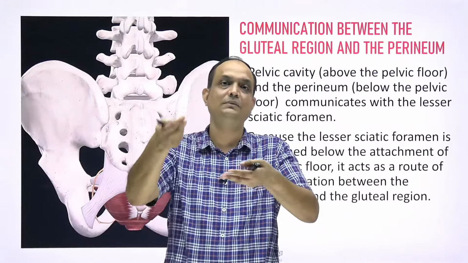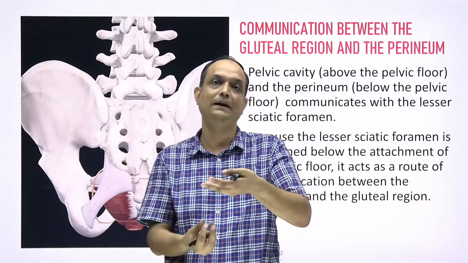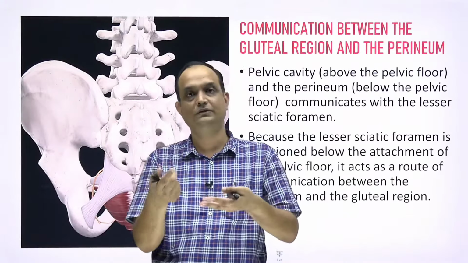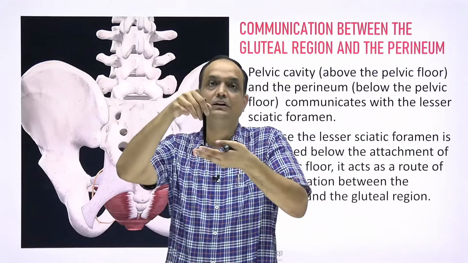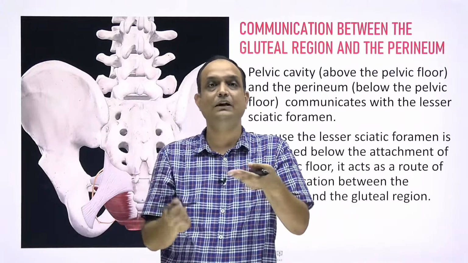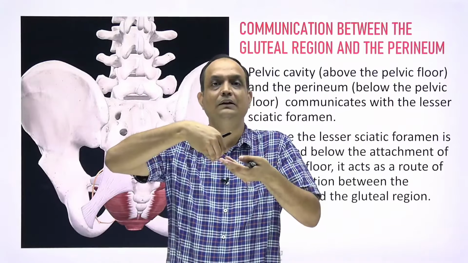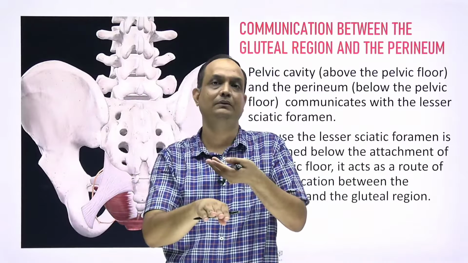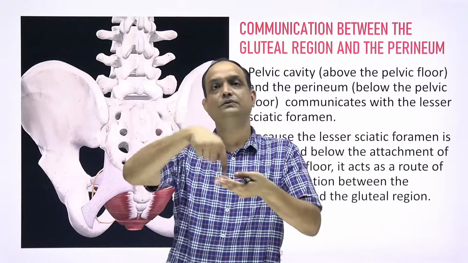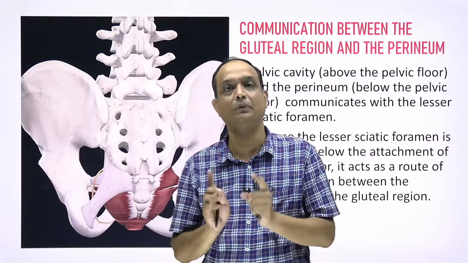But there are some structures that will go from the pelvic cavity to the perineum, and there are two ways. One, either they will puncture the pelvic diaphragm to enter into the perineum, or second, they will go posteriorly into the gluteal region and then re-enter into the perineum. So, this first way is not there. The second way is present in the body.